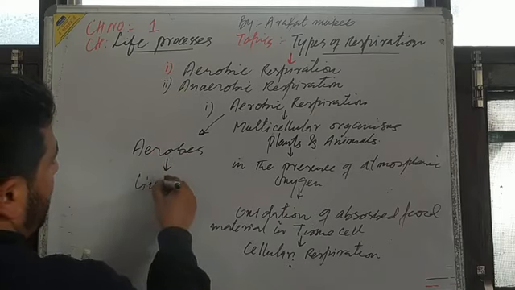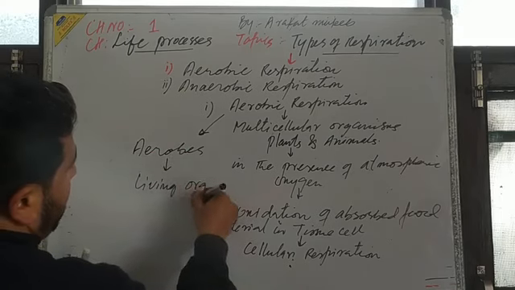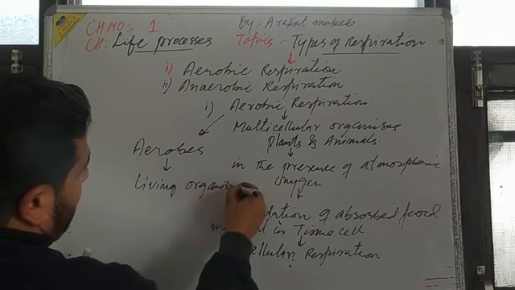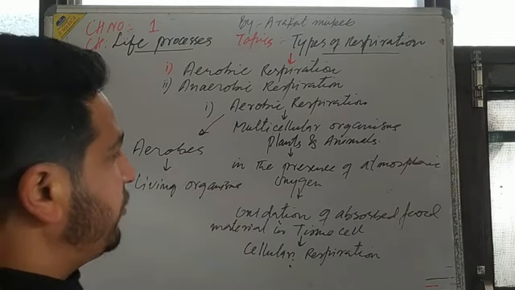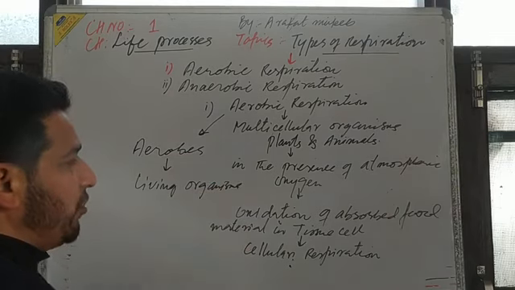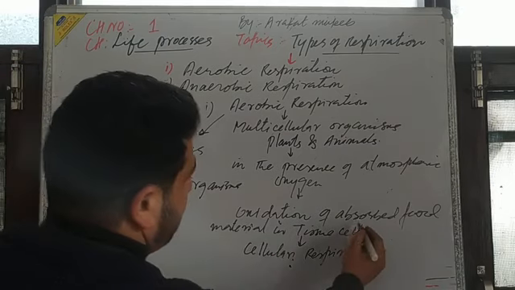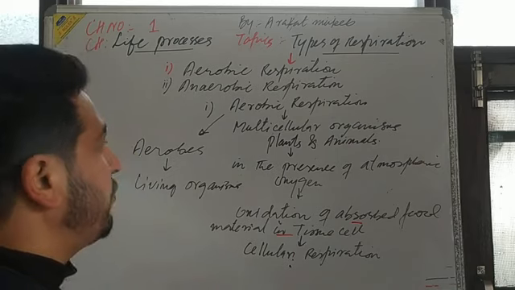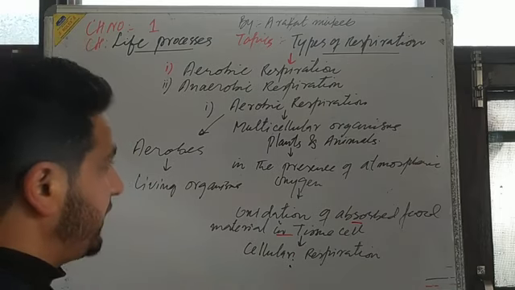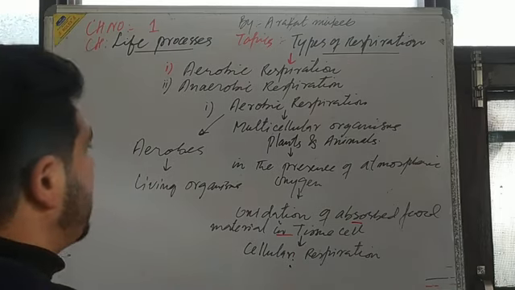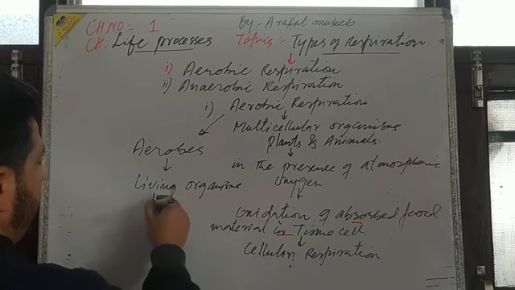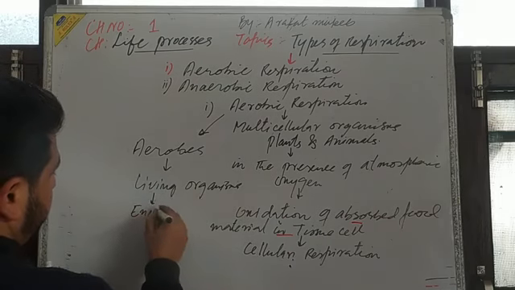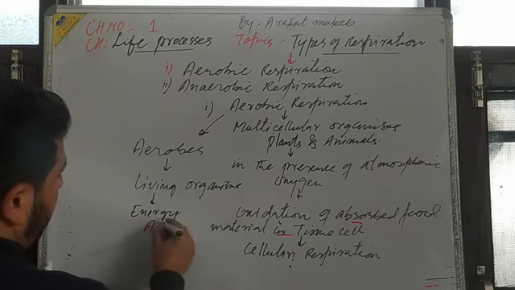Aerobes are living organisms. In the presence of atmospheric oxygen, they oxidize the absorbed food material in their tissue cells, and there is the release of energy. Essentially in aerobic respiration there is the release of energy in the form of ATPs.